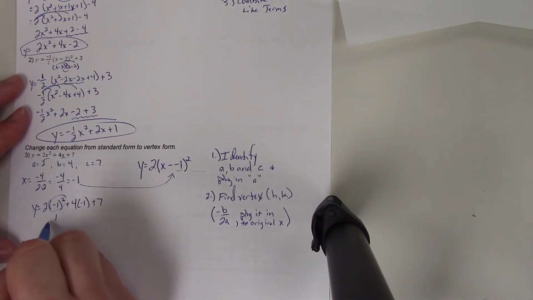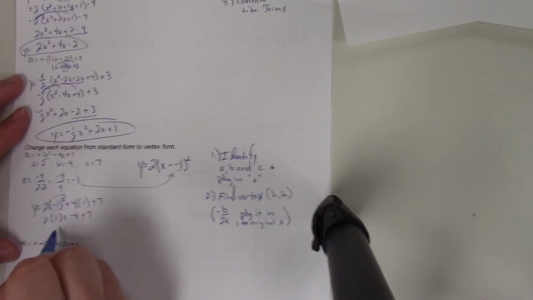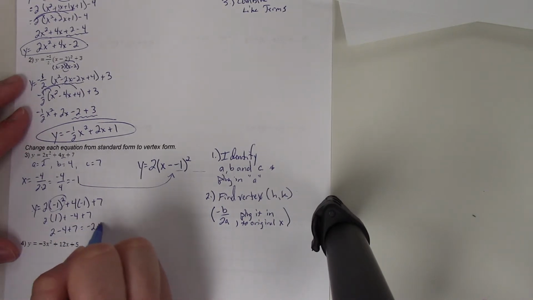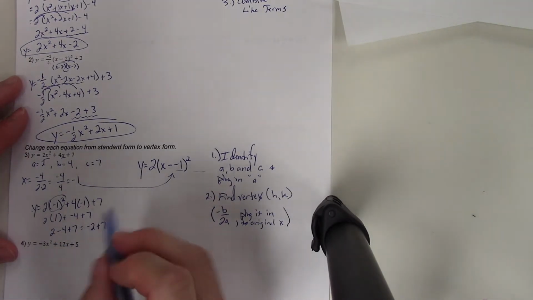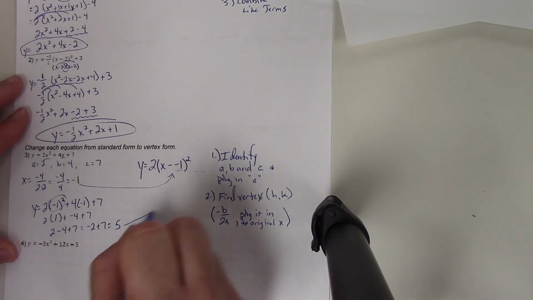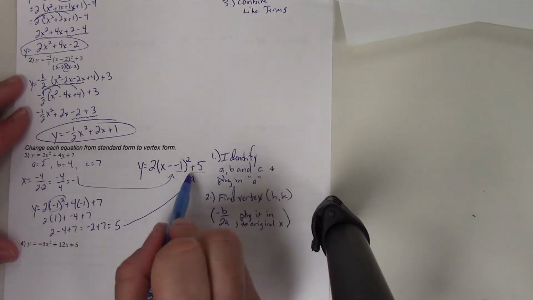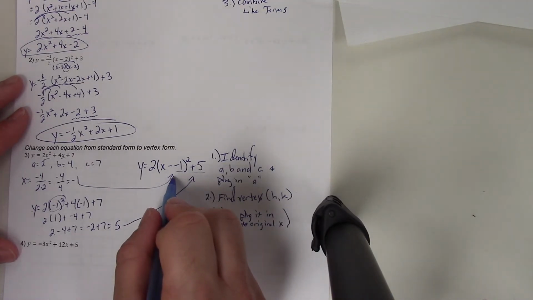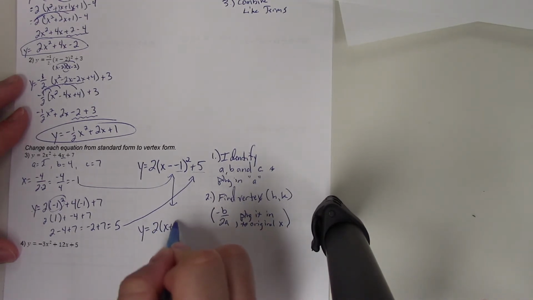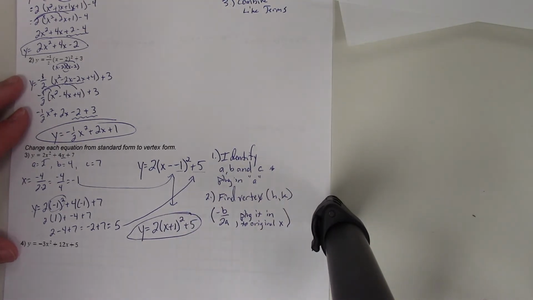This is 1 times 2 plus negative 4 plus 7, 2 minus 4 plus 7, negative 2 plus 7. Lots of work, lots of steps here, but a lot of this you'll probably be able to do in your head. And I get 5, and guess what? That's that. Plus 5 because it's positive. If it was negative, we just write minus 5 there. Let's rewrite this whole thing now as y equals 2 times (x plus 1) squared plus 5. And that's it. That's our answer.